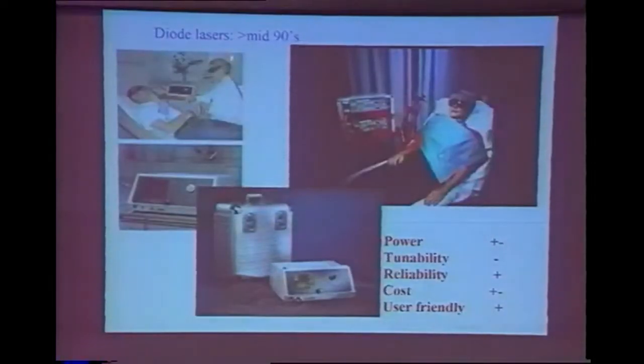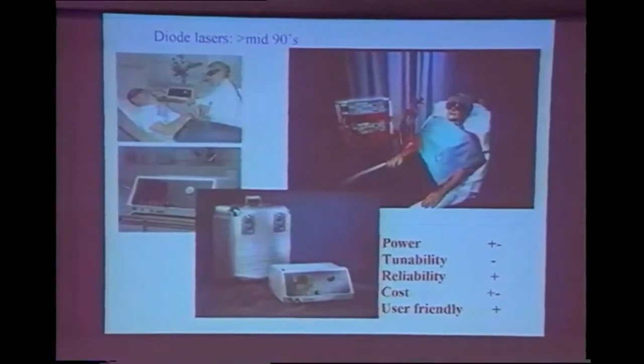In the mid-90s or so, diode lasers were introduced. You see these various systems here. Compact, optical fiber delivery, don't require water cooling. So reasonable power, not as much as you could get from the big frame lasers, but 2 or 3 watts. Big disadvantage is not tunable, and still relatively expensive.